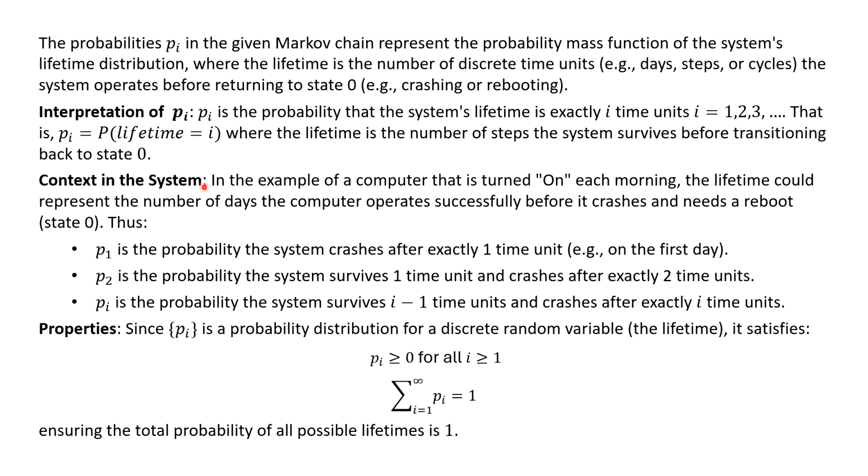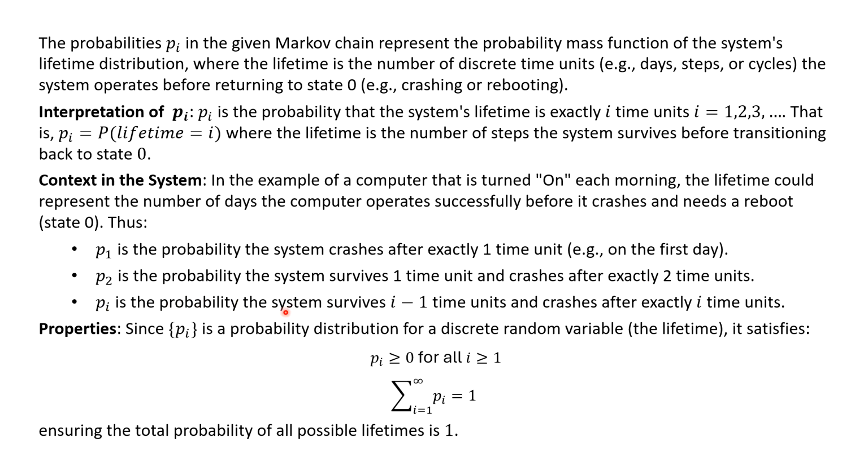In the example of a computer that is turned on each morning, the lifetime could represent the number of days the computer operates successfully before it crashes and needs a reboot, i.e. return to state zero. So P1 is the probability the system crashes after one time unit. P2 is the probability it survives one time unit and crashes after exactly 2.